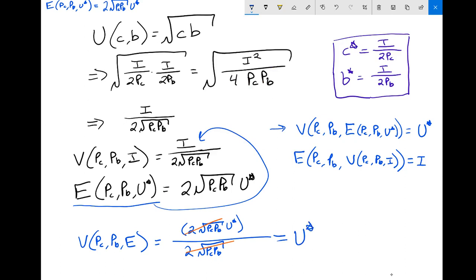Equals U star. Okay, so there we go. We've just demonstrated that this duality condition holds.